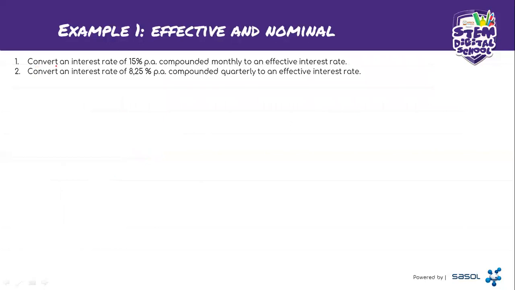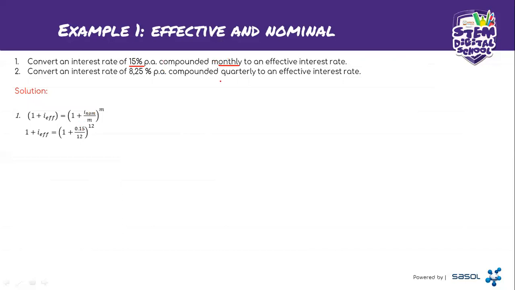The first question says convert the interest rate of 15% per annum compounded monthly to an effective rate. Now we have to convert this 15%, which is nominal, to effective. You write the correct formula there, and then you just substitute our nominal is 15%. Now we divide by 100, which is 0.15, and then it's compounded monthly.